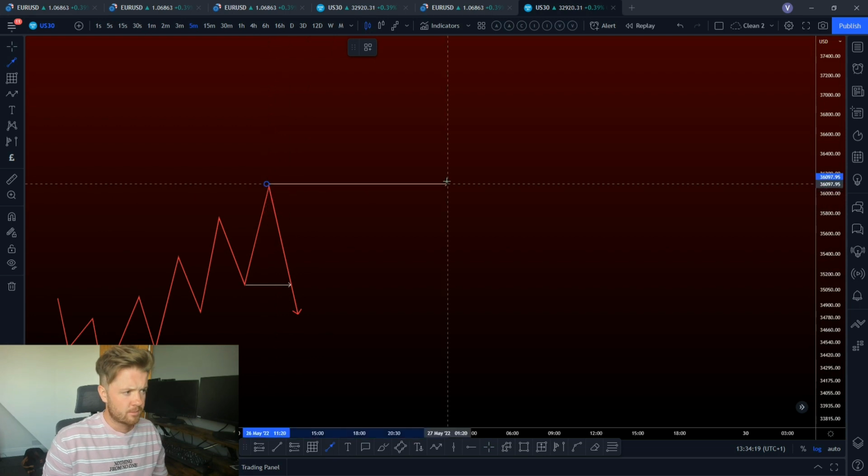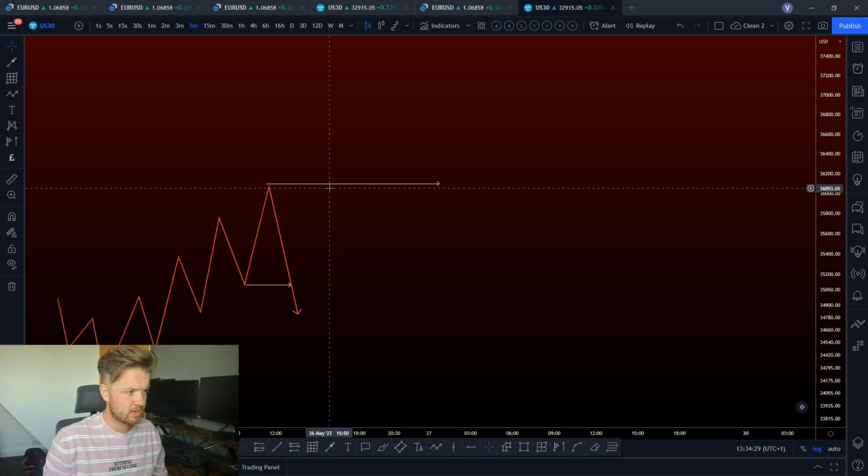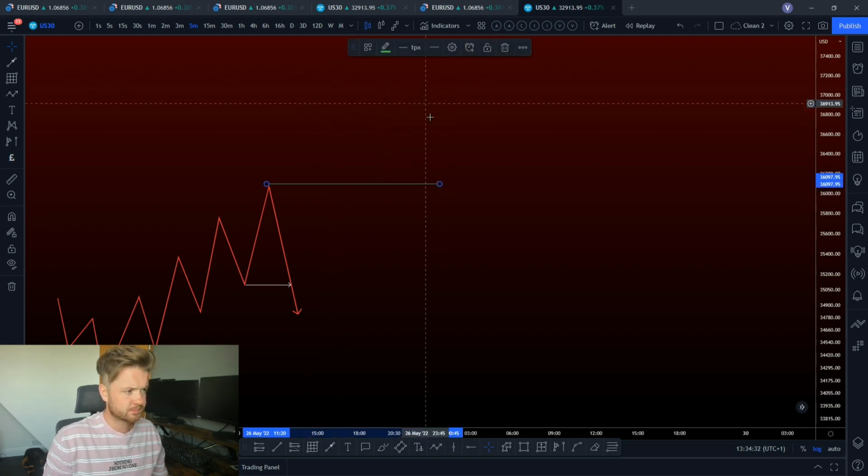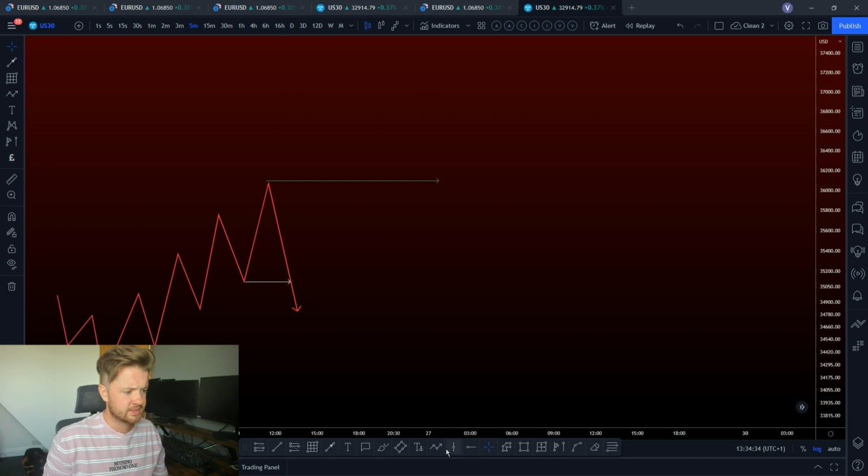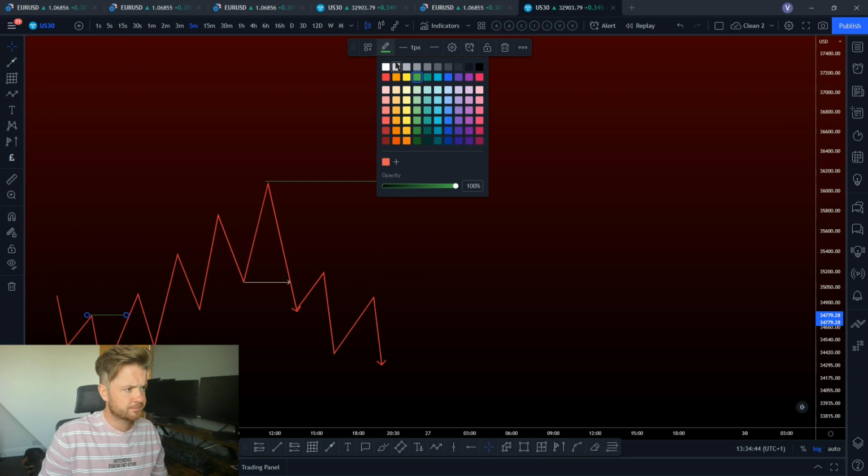So once you get this first break of structure, this is now confirmed as a major swing high. We're going to draw that in green. And then what you'll find is price will start trending downwards, and obviously this would have been the swing low.